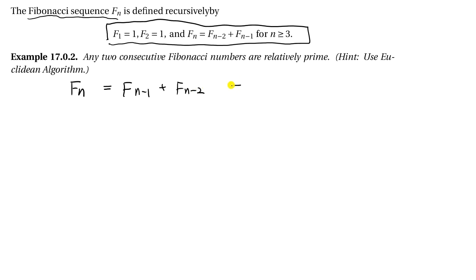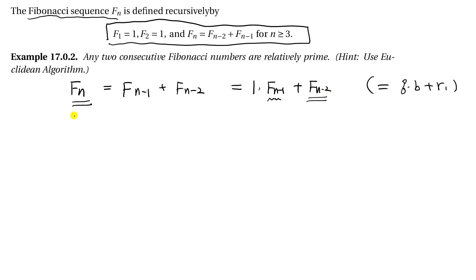Let's change the format to look like this: Fn is 1 times F(n-1) plus F(n-2). So it looks like we have Q times B plus R1. Let's treat this as Fn. If you divide Fn by F(n-1), then the quotient is 1 and F(n-2) is the remainder.